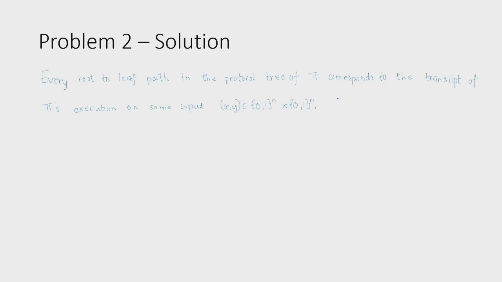The length of the path is equal to the number of bits communicated by pi to compute f(x, y) using pi.